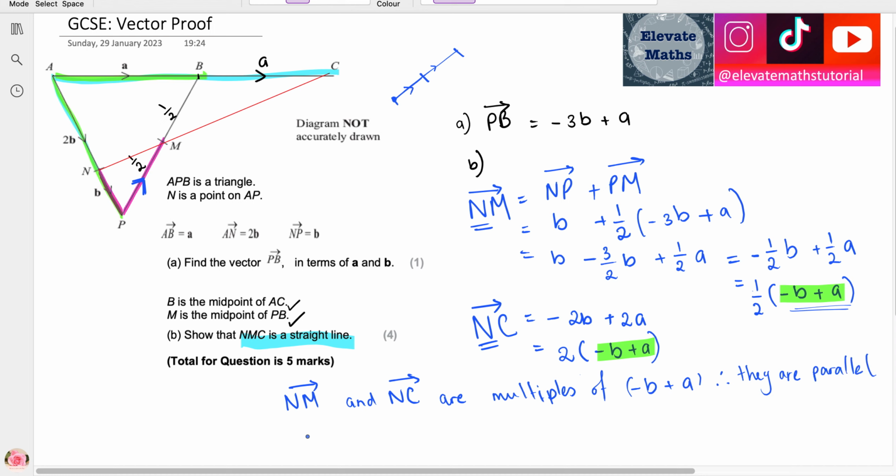Okay, they both share a common point of N, therefore NMC is a straight line.